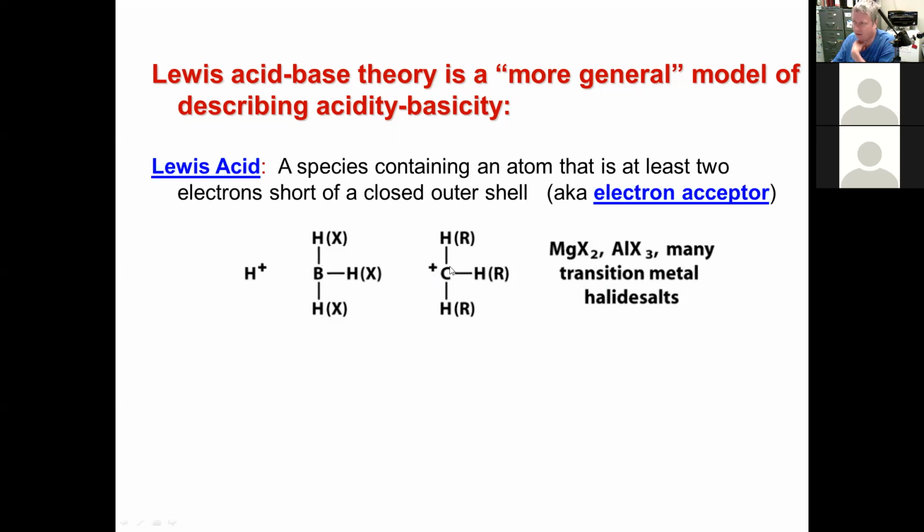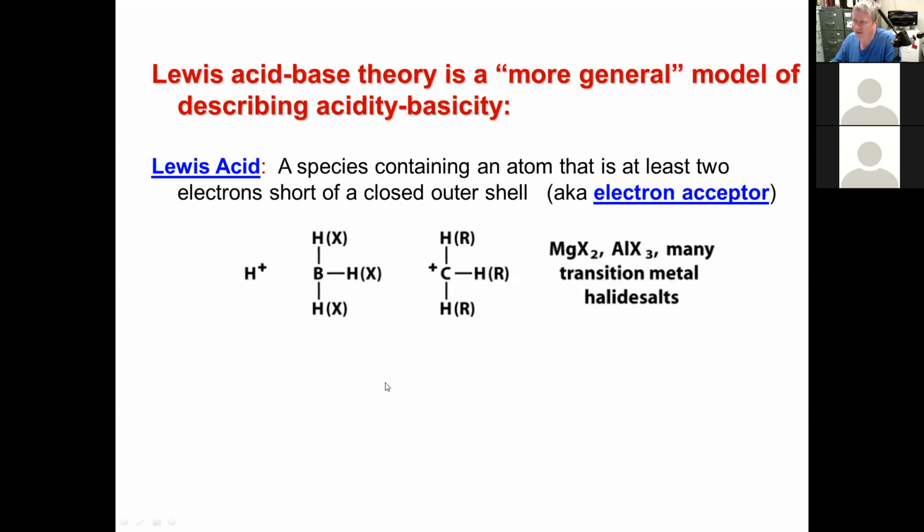It's got a free p orbital, 6 electrons, sp2, just like this is sp2. You have the extra p orbital that can be overlapped with other electrons, right? Magnesium chloride or aluminum chloride, all these transition metal halides can be Lewis acids too. X could be other halogens, chlorine, bromine, probably those are the most common.